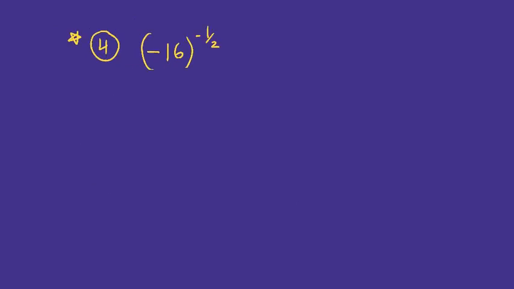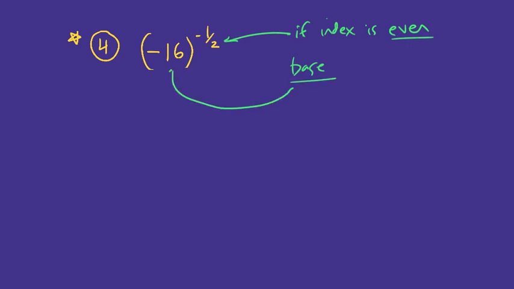Number 4, I put a star next to this one, negative 16 to the negative 1/2. And the main thing I want to point out here is that if the index is even, so we're meaning 2, 4, 6, 8, if the index is even, the base, which in this case is negative 16, must be positive.